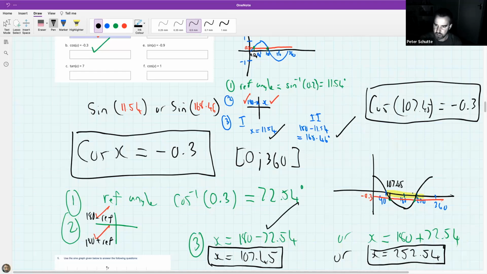And the other answer over here is 252.54. And I just want to make the connection between the graph and the algebra for you. Okay, and then on Wednesday, we will continue with this idea of interpreting trig graphs and using methods to figure out questions related to trig graphs.